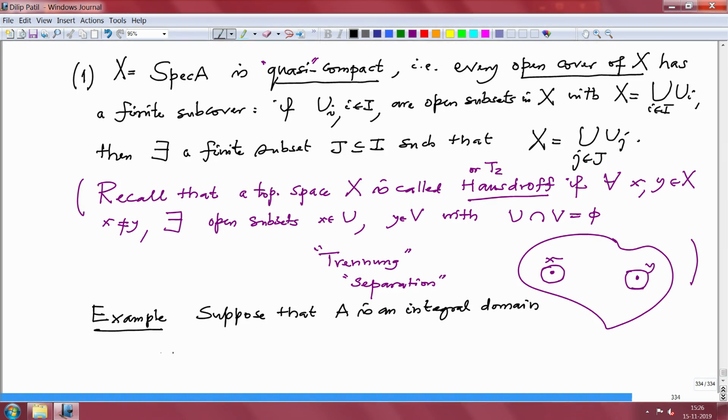Then that means the 0 is a prime ideal in A, and I will write this as 0 only, I will not write the bracket around that. 0 is a prime ideal, this is in our X, and I say every open subset U contained in X will contain 0.